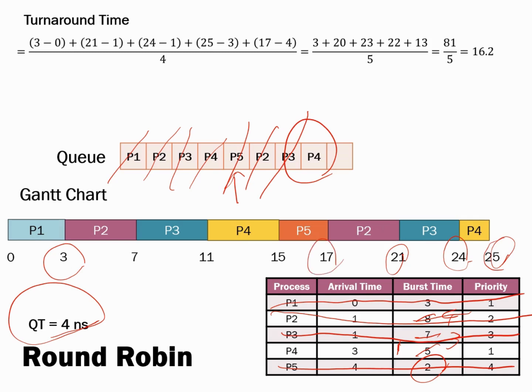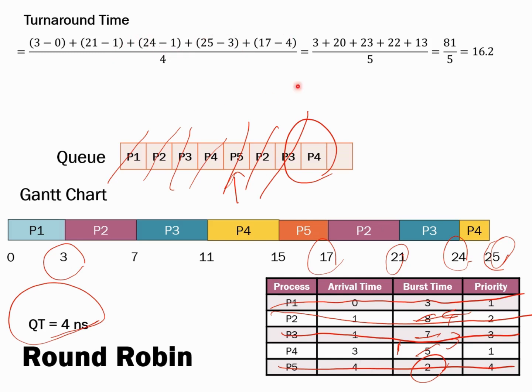So we need to put them here: 3, 21 for P2, 24 for P3, 25 for P4, and 17 for P5. And the arrival times are 0, 1, 1, 3, 4.